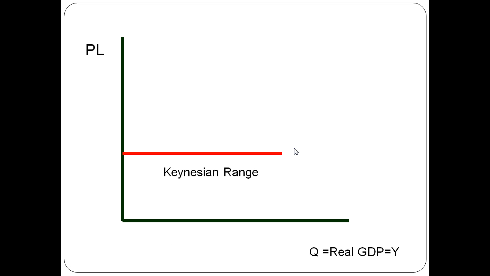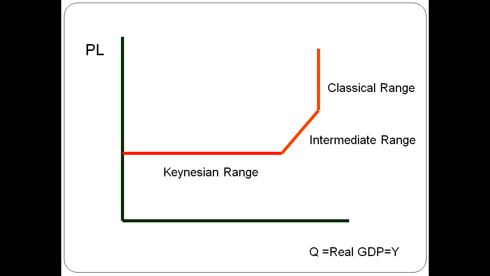You're going to have the Keynesian range, which is where you have a low price level and low output, and it's associated with the Great Depression. And then you're going to have an intermediate range, which is going to be upward sloping. And then you're going to have a vertical range, which is called the classical range and is associated with classical economists like Adam Smith, Say, Ricardo, etc.